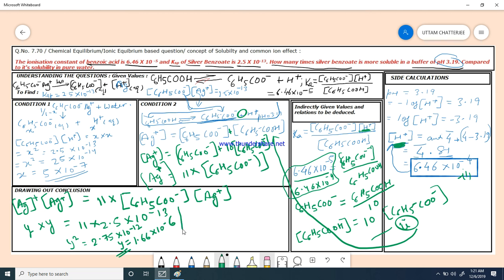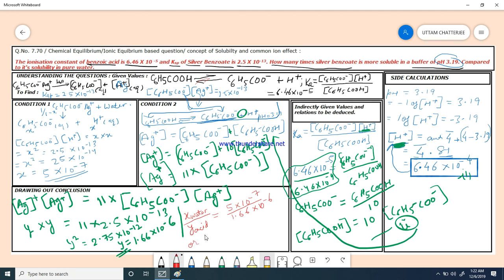Hence, the solubility of silver benzoate, X in water and Y in acid, will be equal to 5 × 10 to the power minus 7 by 1.66 × 10 to the power minus 6.